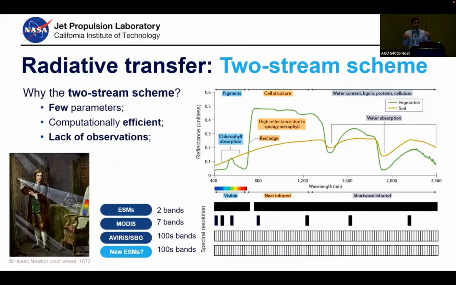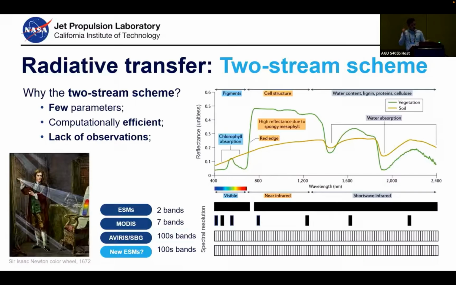If we need to run climate simulations for the entire globe for so many years, it makes sense to have a model that is fast. The second reason is that it requires very few parameters. And in the 80s, we didn't have observations of surface reflectance to determine what would happen hyperspectrally.